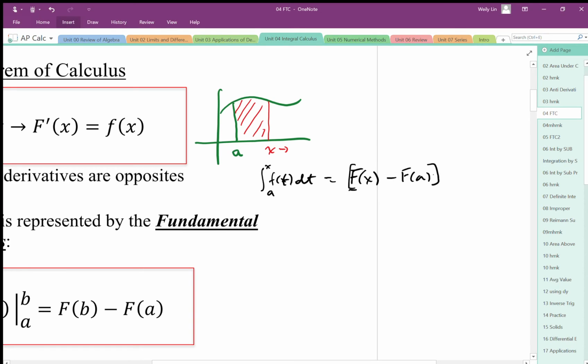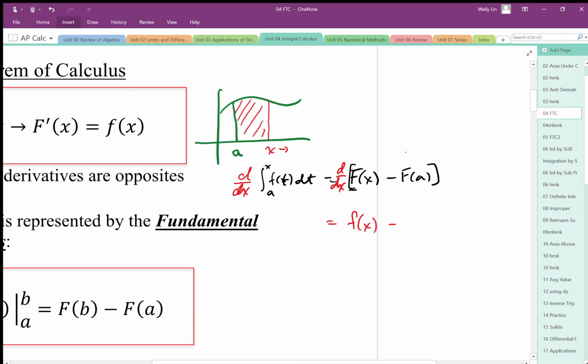I'm going to put brackets around that, because what the fundamental theorem of calculus is saying is that if I differentiate this, I should end up with my original f of x, which I do. If I differentiate this, I end up with the derivative of big F, which is f of x, minus the derivative of big F of a.